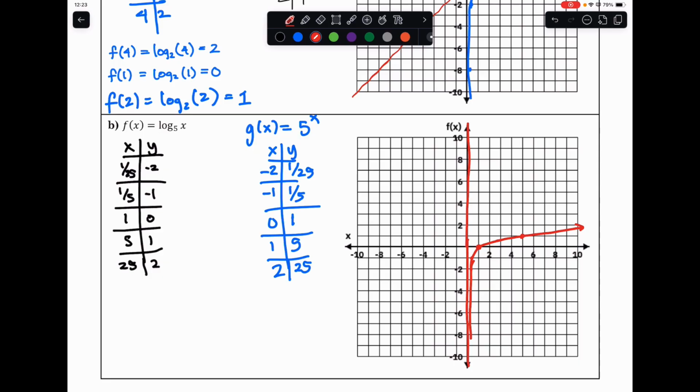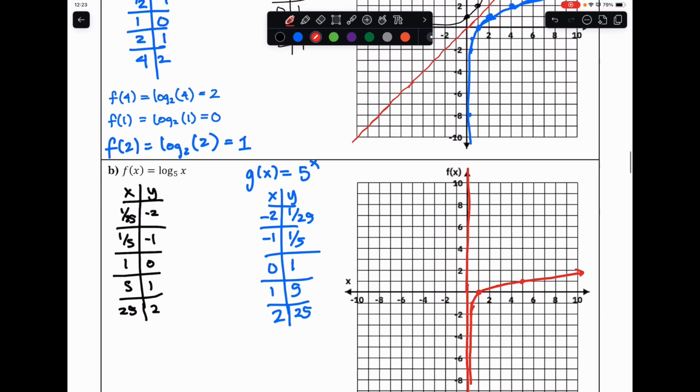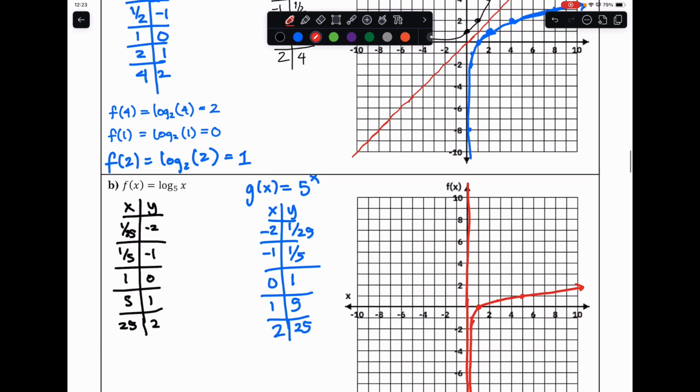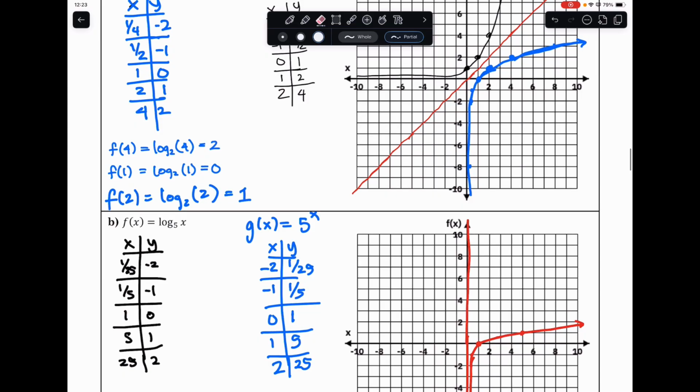As you see, notice some similar characteristics to this red line and the blue line that we have up here. Notice that at the value of 1, I'll highlight on the points here, your y value is equal to 0. And the y value is 1 whenever the input value matches the base.